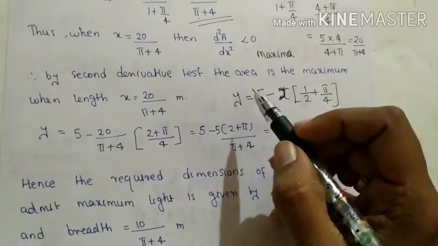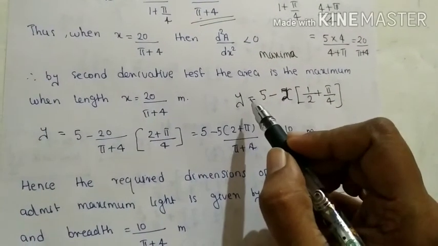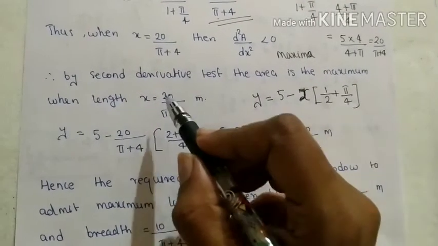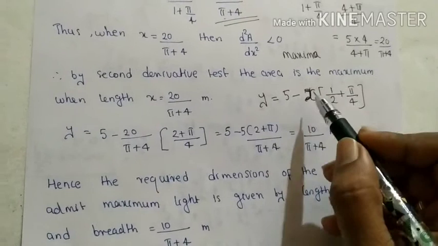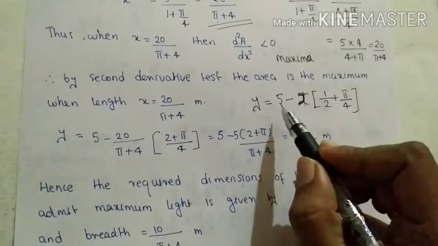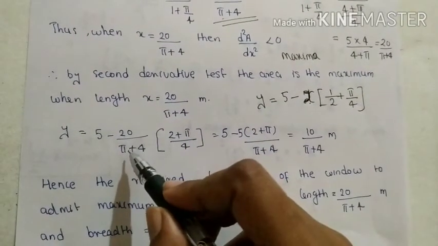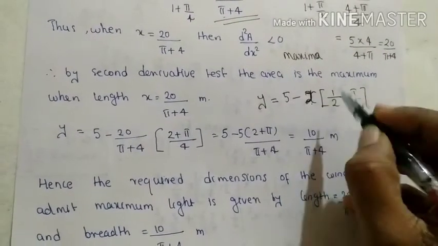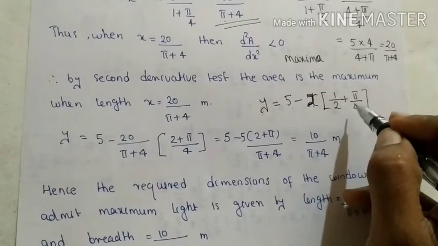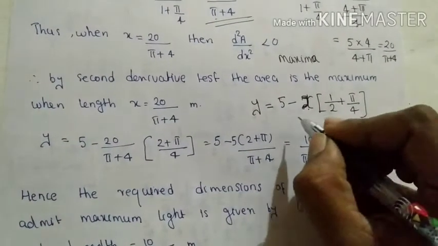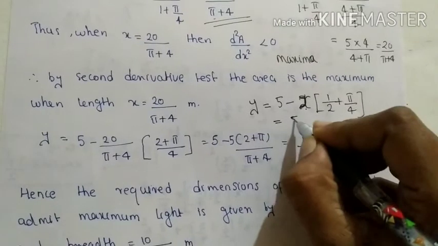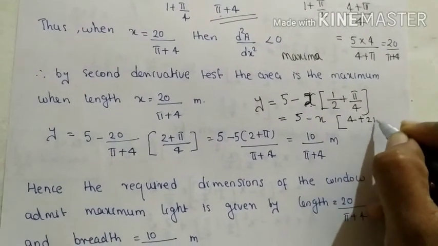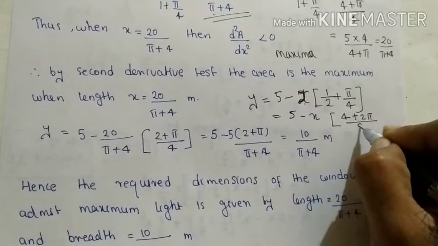We have already calculated the value of y as 5 minus x into 1 by 2 plus pi by 4. So substituting the value of x here, that is 5 minus 20 by pi plus 4 into, cross multiplying this bracket term, we get 4 plus pi divided by 8. So 5 minus x into 4 plus 2 pi divided by 8.